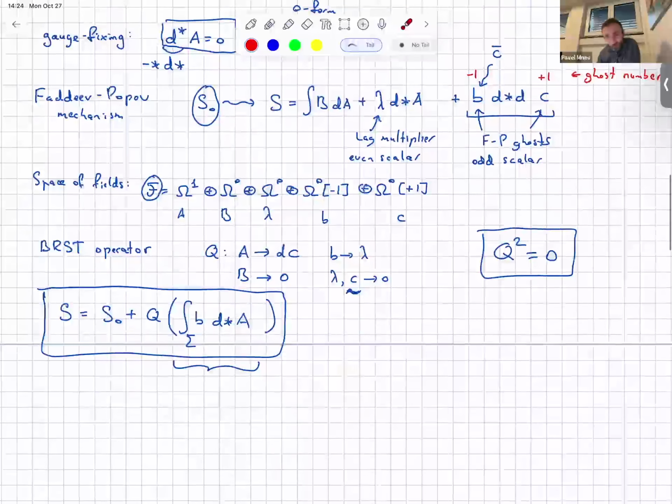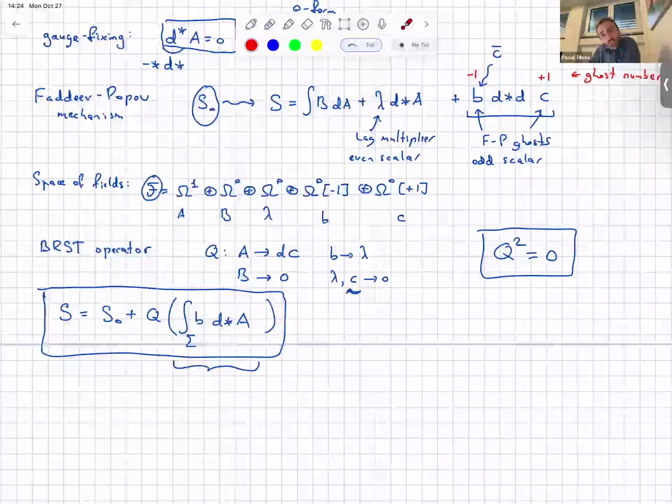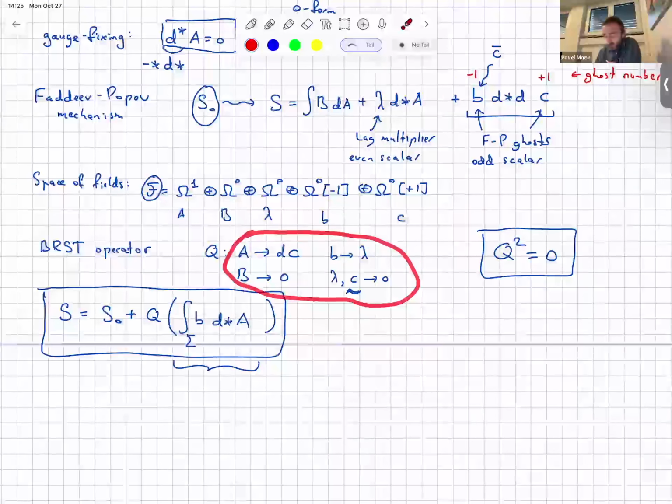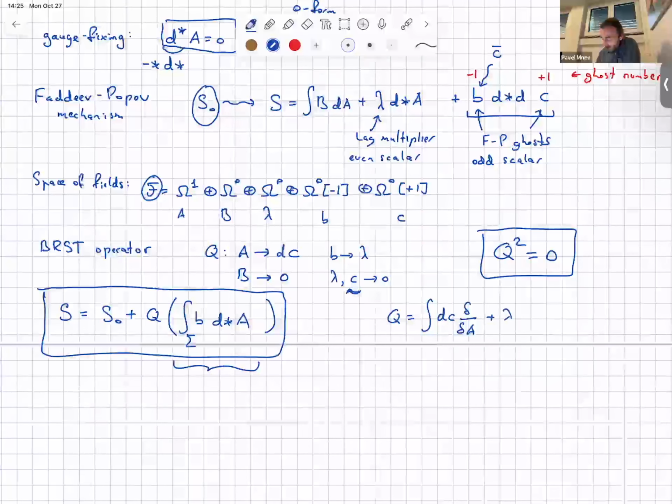Do you have any closed form expression of Q in terms of the fields A, B, C? Yes, absolutely, I just gave it to you. You can write it in some other notation, like dC times variational derivative in A plus lambda times variational derivative in B. I see, thank you.